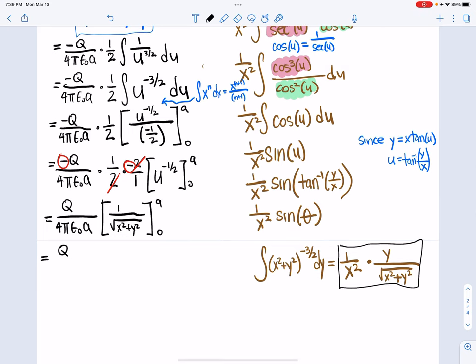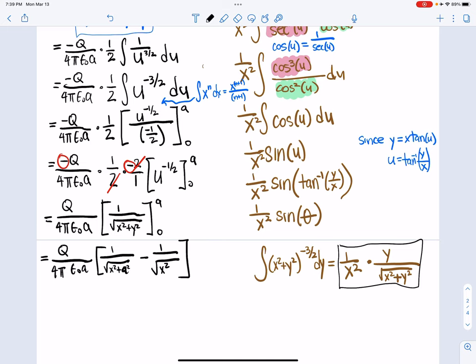So now that becomes q over 4 pi epsilon naught a. This is not 9, that is an a. And that becomes 1 over square root of x squared plus a squared, minus 1 over square root of x squared plus 0, or just 1 over square root of x squared.